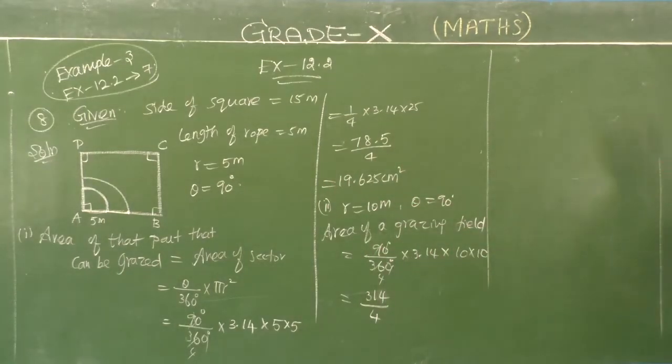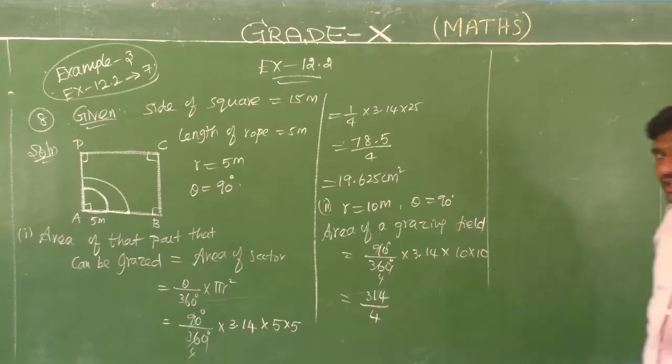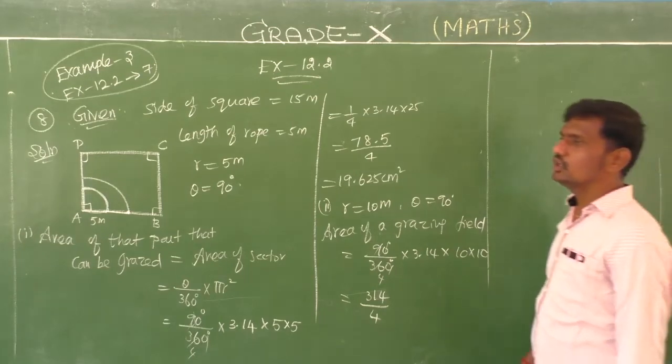Now you are going to divide 314 divided by 4, which means 7 fours are 28. Remainder 3, and take the 4 to get 34. So 8 fours are 32. Remainder 2. Put a decimal and 0 to get 20. 5 fours are 20.